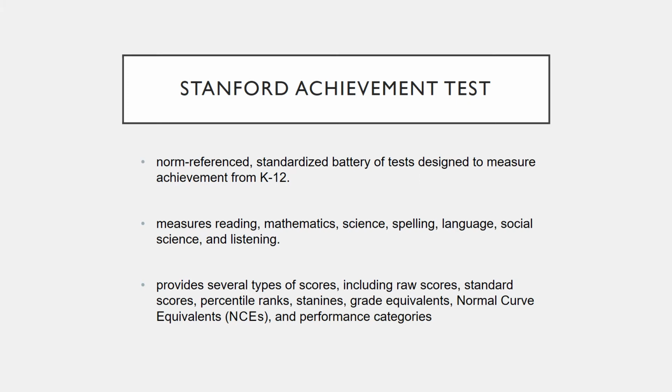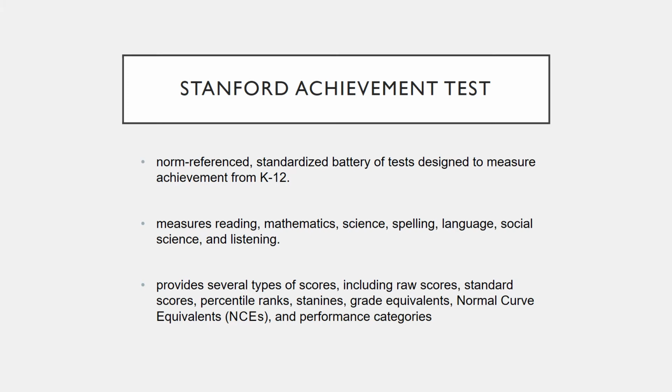So it's meant to tell you your achievement based on the range of what part of the school you're in. So if you're in elementary school, if you're in high school, if you're in middle school, and then it gives you composite scores for each of those subtests.